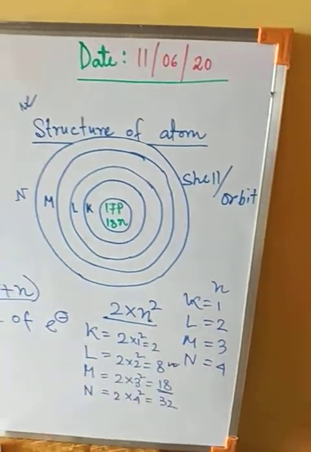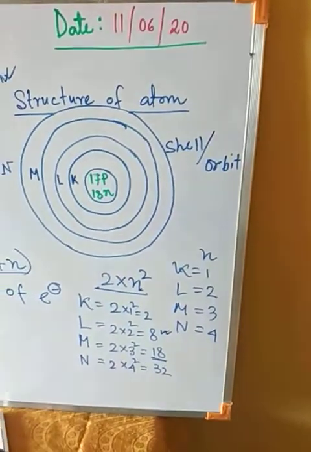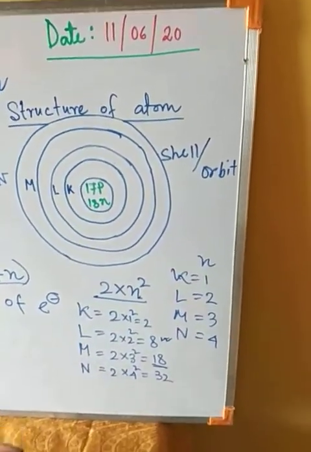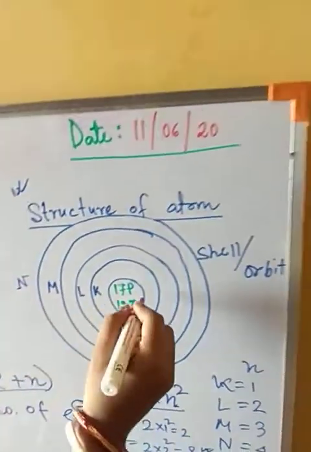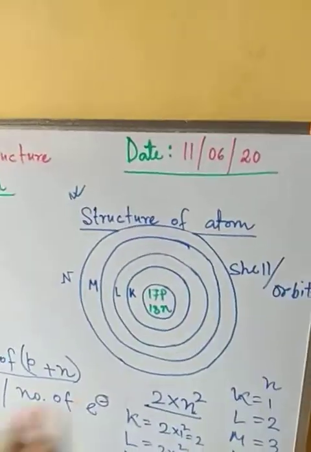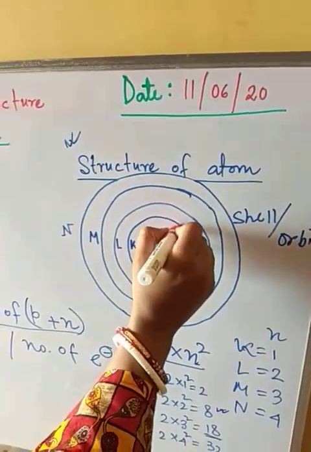So this is the rule. Now keep this in mind. Let us draw the structure of chlorine. Now we will put the electrons here. Already protons and neutrons are drawn. In the first shell, K shell, a maximum of 2 electrons can be accommodated.